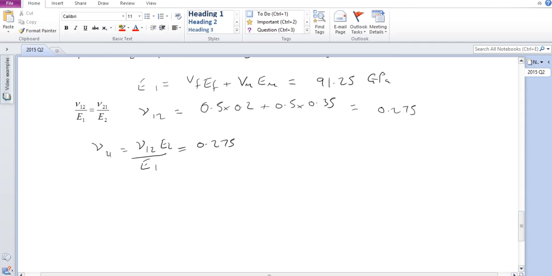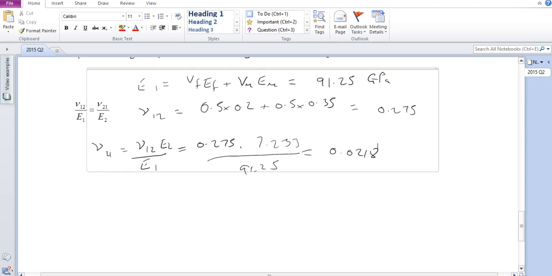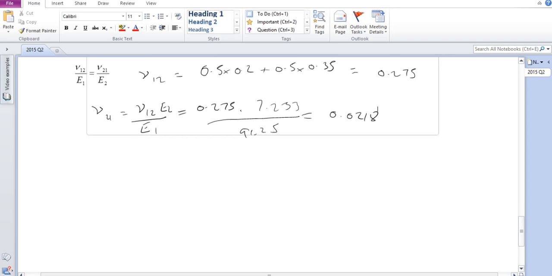So that's times 7.233 divided by E1, which we just worked out, 91.25, and that comes out to be 0.0218. So a much smaller value than the other one, but that was covered in the explanation in the first part. It should be smaller because of the constraint of the fibres.